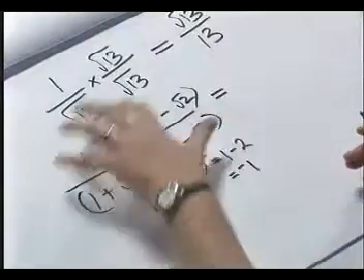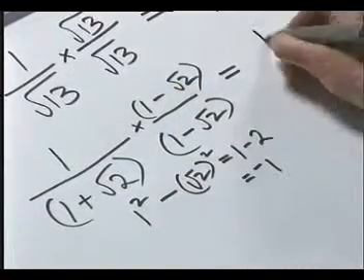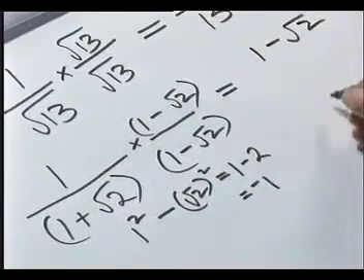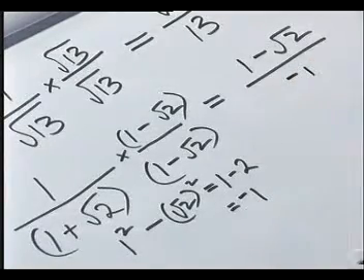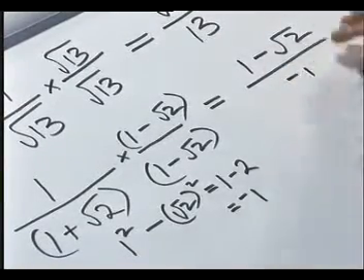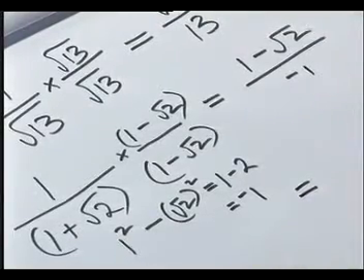Now we simplify all of this. 1 times 1 minus square root of 2 is 1 minus the square root of 2, all over negative 1. Now that doesn't look really neat. What we will do now is neaten it up.